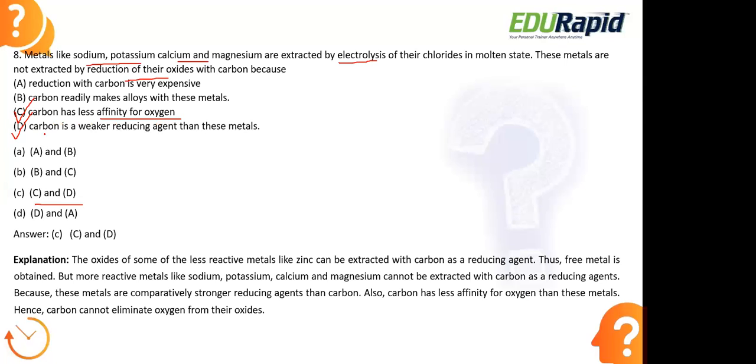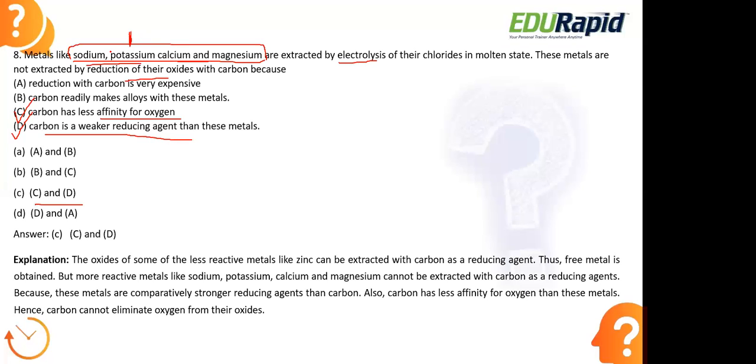Okay, next option D. Carbon is a weaker reducing agent than these metals. So the metals that they have given us, sodium, potassium, calcium, and magnesium, right? All of these are highly reactive metals. Potassium is the most reactive metal. It will easily react with all the other elements.